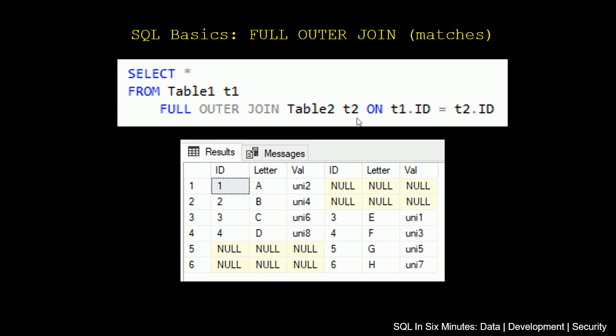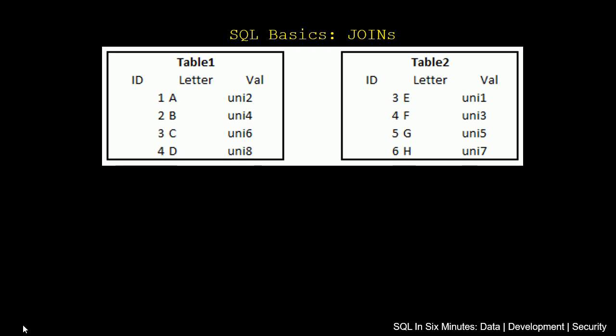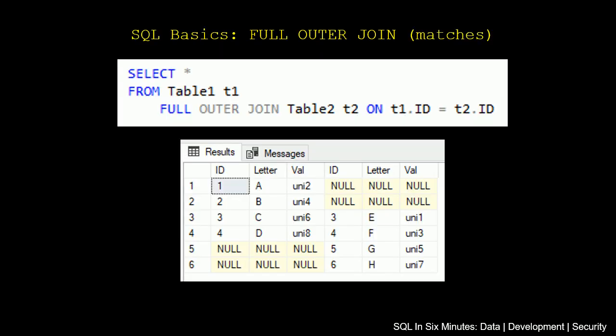Because in this query I am joining on ID, we will actually get a match returned. We'll see we're selecting star from table 1, that's T1 here, full outer join table 2, T2, and we're joining this on ID, and we'll see 3 and 4 because 3 and 4 do match. Again, if we go back to our tables, we see that the ID 3 and 4 is in table 1 and the ID 3 and 4 is in table 2.